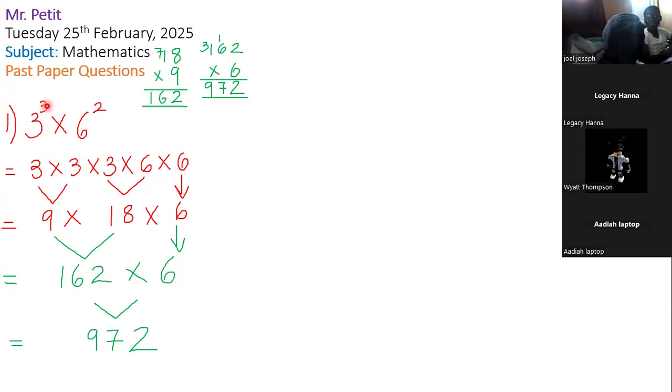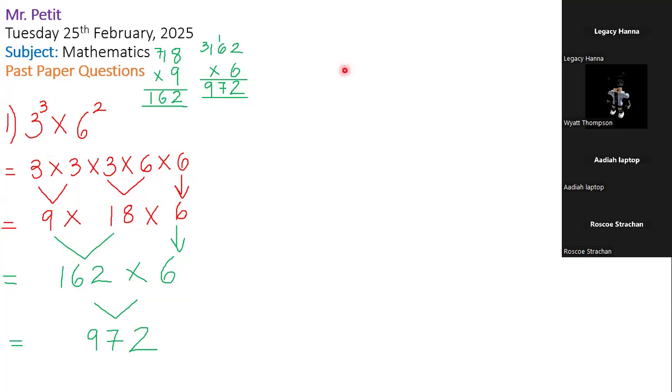Very good. Then we did 3 times 3, which is 9. Then 3 times 6, which is 18. Then we dropped the 6. And then 9 times 18 is 162, and times 6 is 972. Very good. Adaya, explain how we got 972.